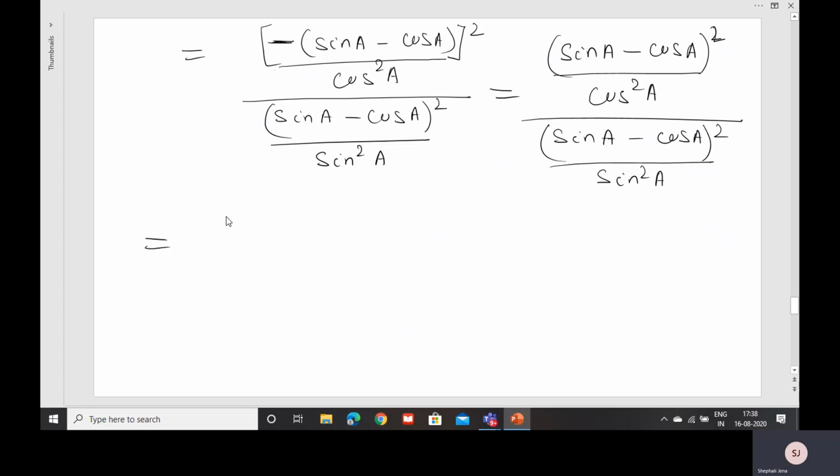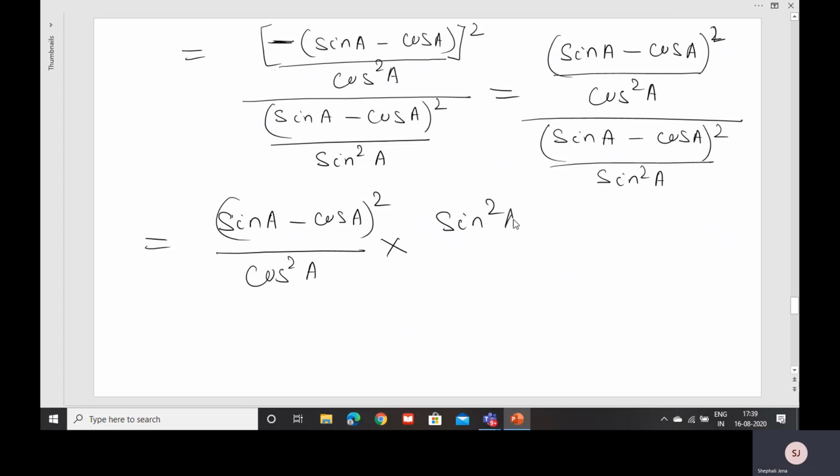That equals, now fraction division. So what is the rule that we have to follow? (Sin A minus cos A) whole square divided by cos square A, into sin square A goes to numerator and (sin A minus cos A) whole square goes to denominator. So this one got cancelled.